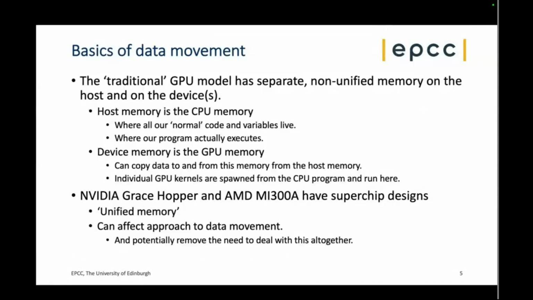It's where most programs start. So you have C, C++ or Fortran that's going to be loaded on the CPU. Typically you'll initialize your data or read data files from storage, and you'll end up with some data on the CPU, and you won't be able to use it straight away on the GPU because it's not accessible.